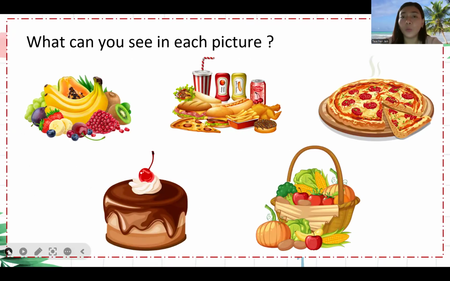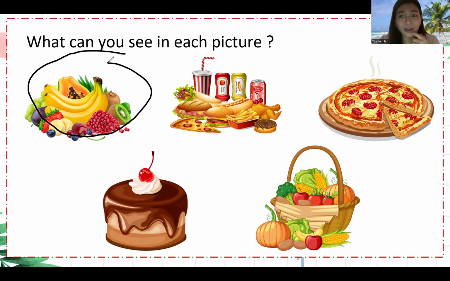Now when you see this picture, teachers, we need to let the students identify it one by one. For example: what can you see in each picture? Let's start with picture one. What are these? Very good. When they say fruits, always encourage them to say, these are fruits.